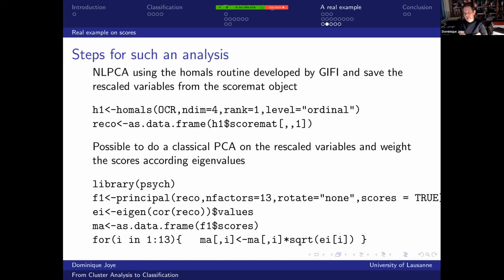who wrote a beautiful book, which is called Gifi. And the Gifi methods are a way to generalize multivariate analysis.